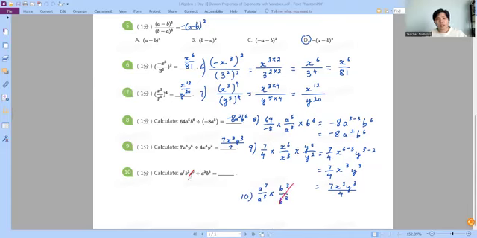So again, I can just cross out this entire fraction here and just work on a to the 7th power divided by a to the 3rd power. Here, I'm going to have a to the power of 7 minus 3, which is a to the power of 4. My final answer is a to the 4th power for question 10.